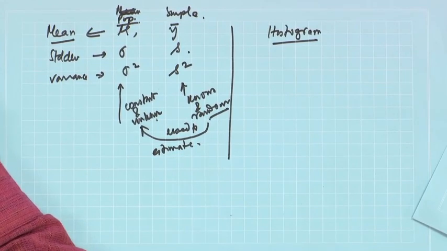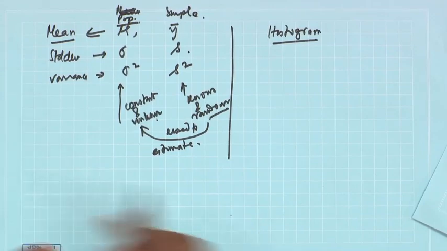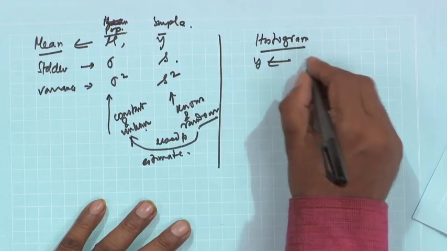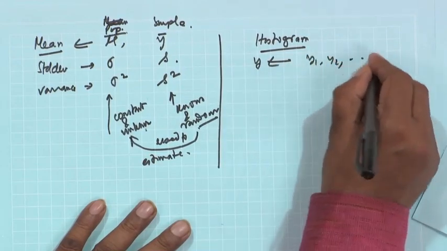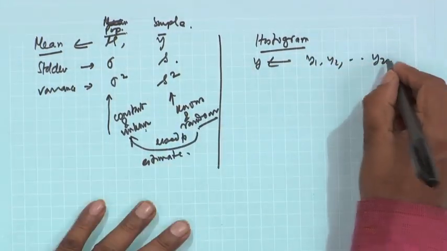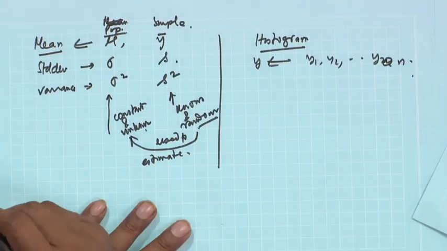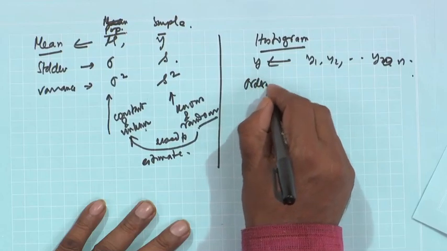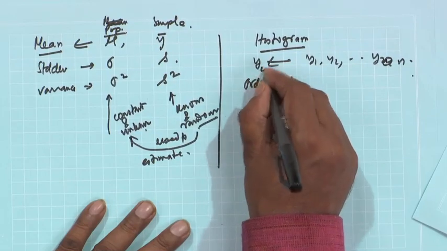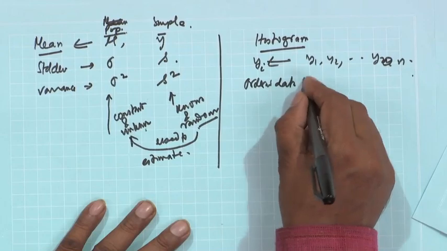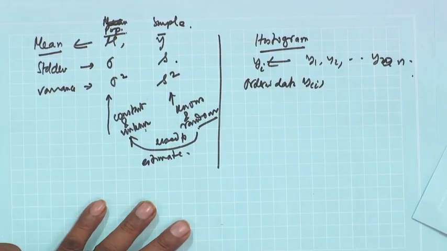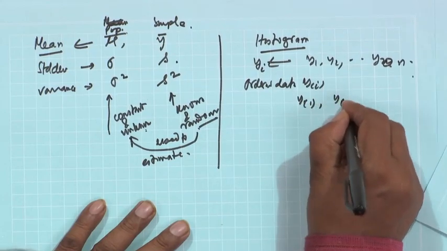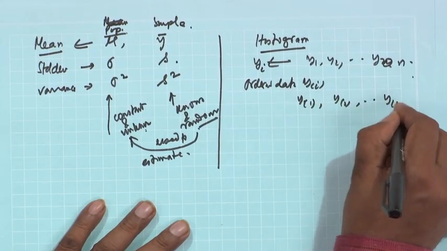Now, what is the procedure of drawing a histogram? First, you have data y, here y1 to y24, actually I will write yn. Then you arrange them in ascending order, to get the ordered data. If y_i is the data, for the ordered data we can write y within brackets i, so it will be y(1), y(2), up to y(n).